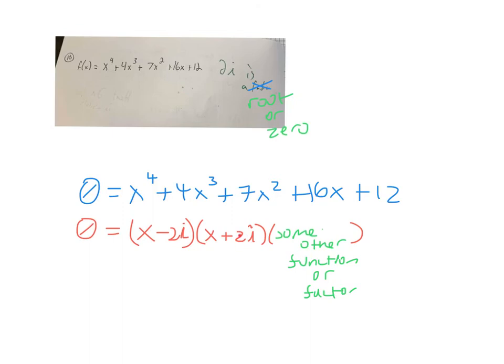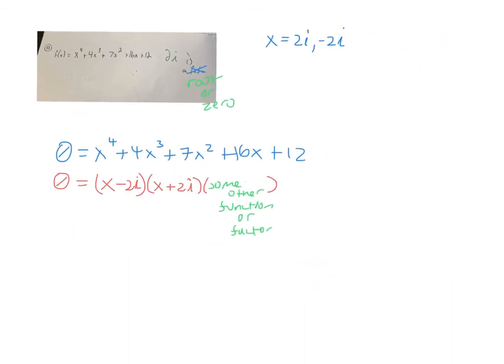We also know that negative 2i is a root as well. In fact, we're going to write that down. So we already know that 2i is a root because that was given, and negative 2i is a root as well. So then the question is, what are the other roots in this thing? We'd have to investigate this scenario in order to figure that out. So that is what we're going to do.